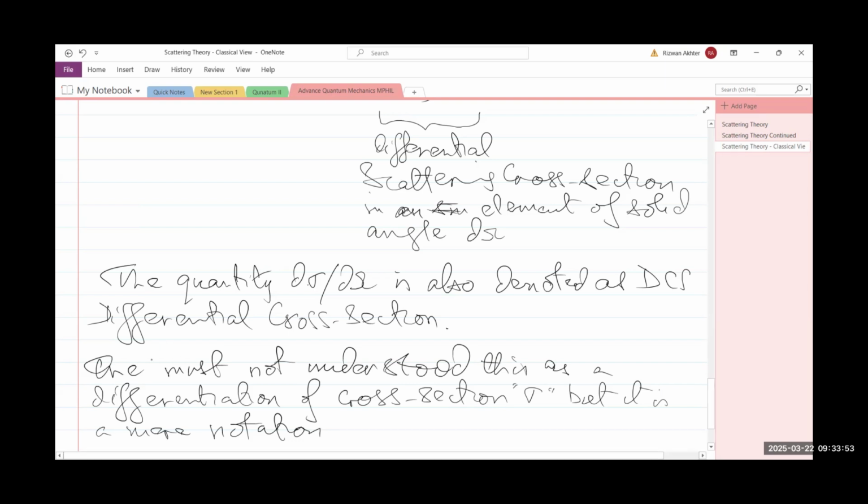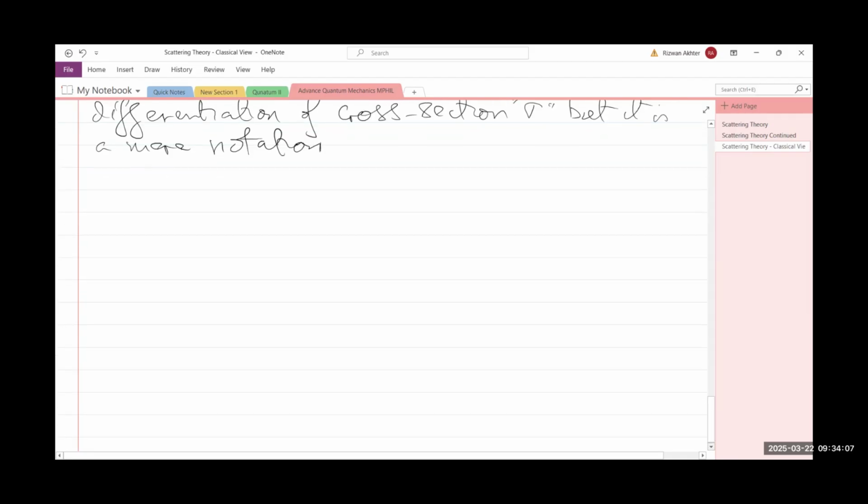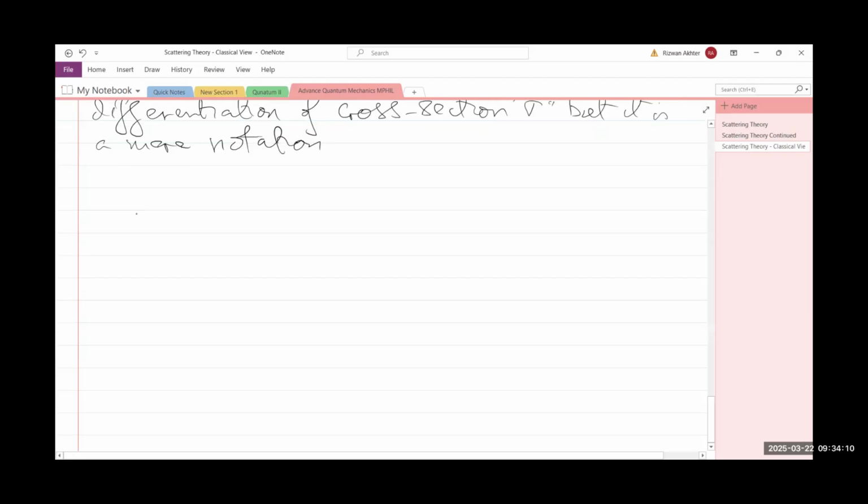So one could think about the elementary surface area on the target, which is basically crossed by the incoming beam of particles.